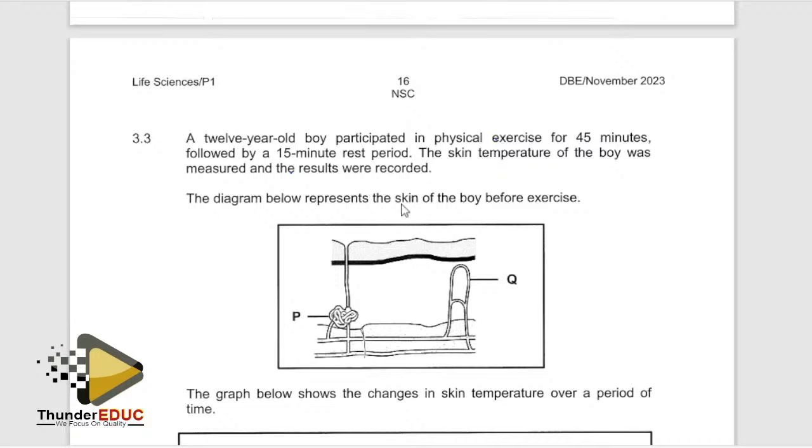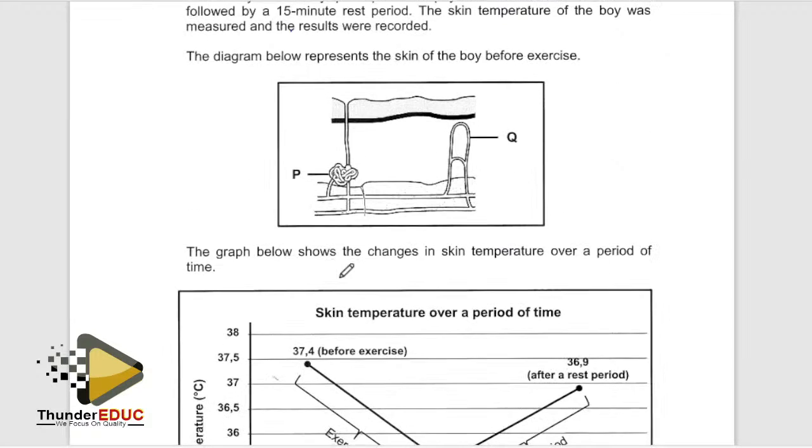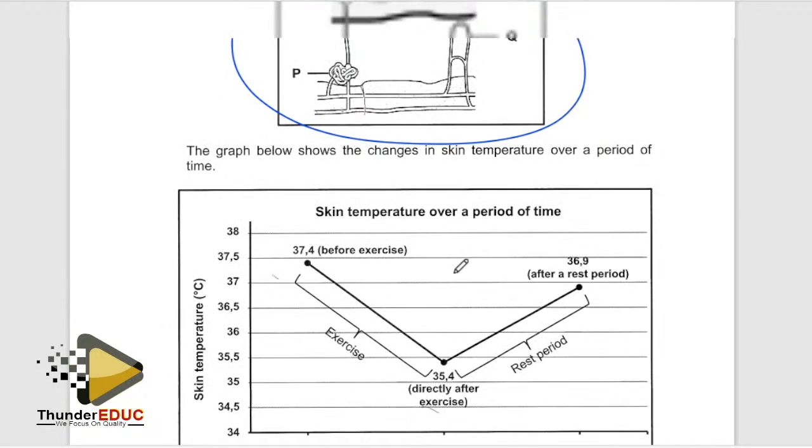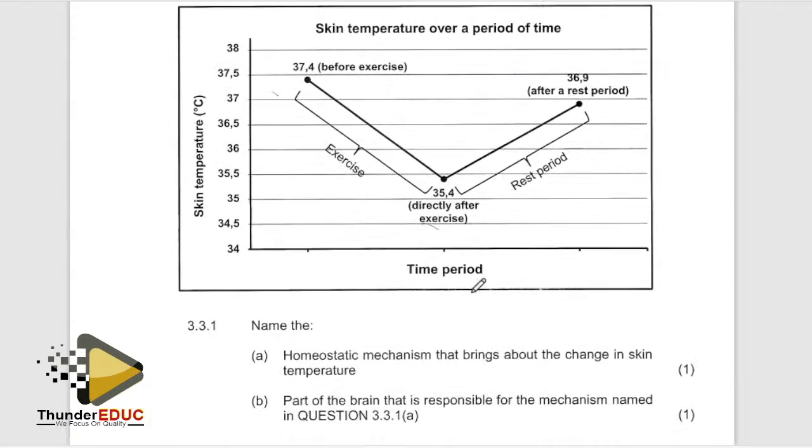The diagram below represents the skin of the boy before the exercise. Anyway, I talked about this, and I was singing a song for you. Hopefully you did not let me down. The graph below shows the skin temperature over a period of time. Explain.